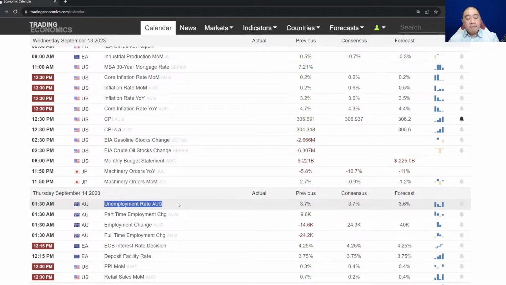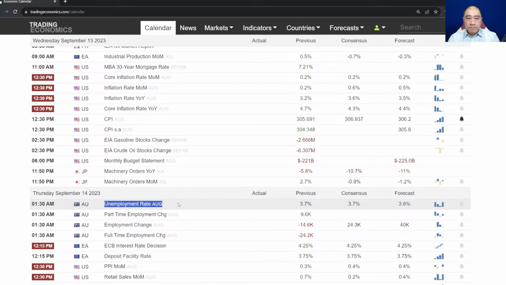The reason being, we have the RBA last week deciding not to hike interest rates, and the RBA typically focuses a lot more on the Australian employment sector to decide whether or not they should be hiking interest rates. So if the unemployment rate significantly goes down, it gives them room to potentially hike.